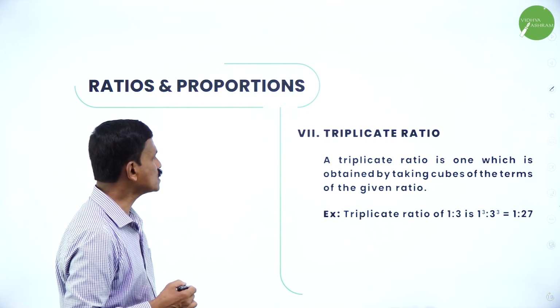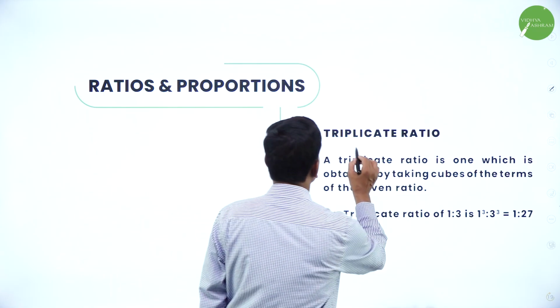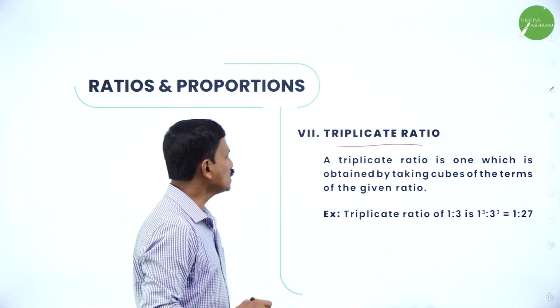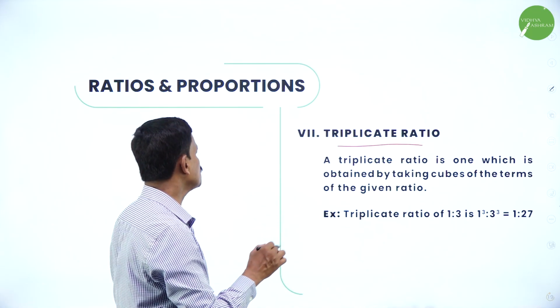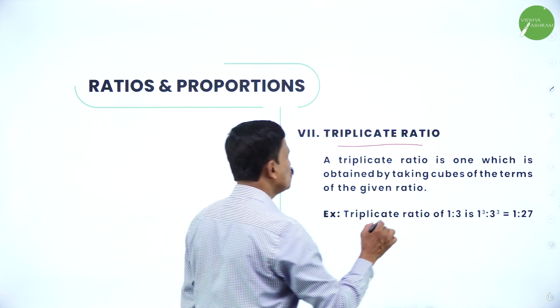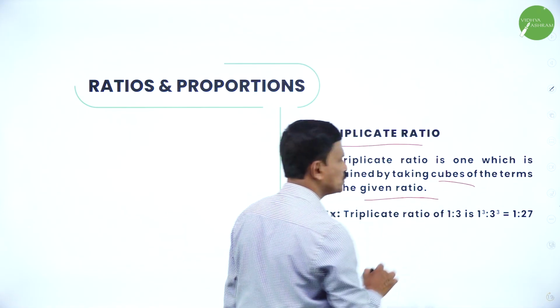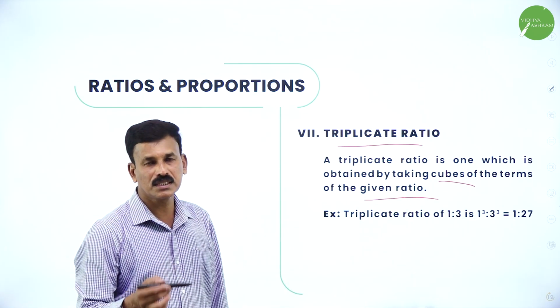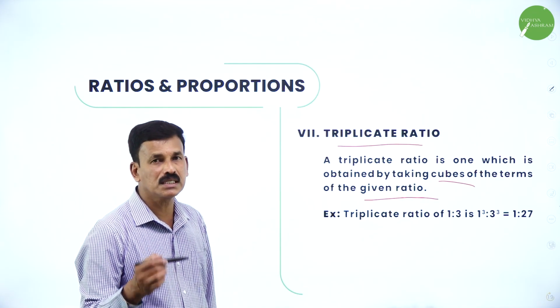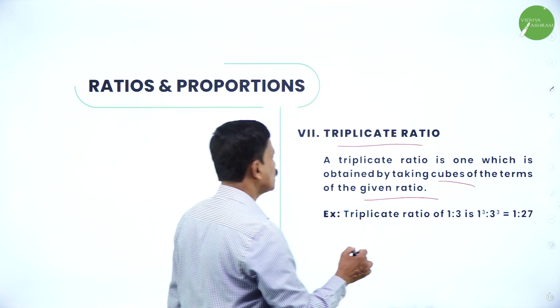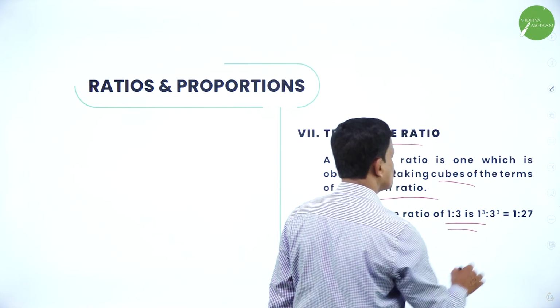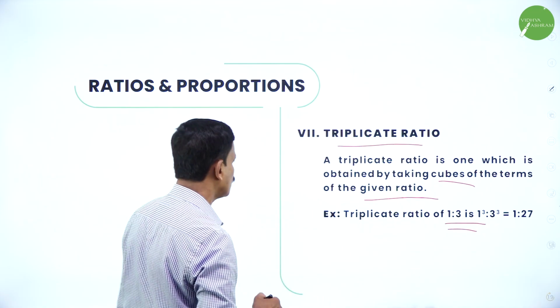Now, next, triplicate ratio. What does triplicate ratio mean? A triplicate ratio is one which is obtained by taking the cubes of the terms of the given ratio. If you cube, then the ratio you are going to get is called the triplicate. So, the triplicate ratio of 1:3 is 1 cube is to 3 cube, that is 1:27.